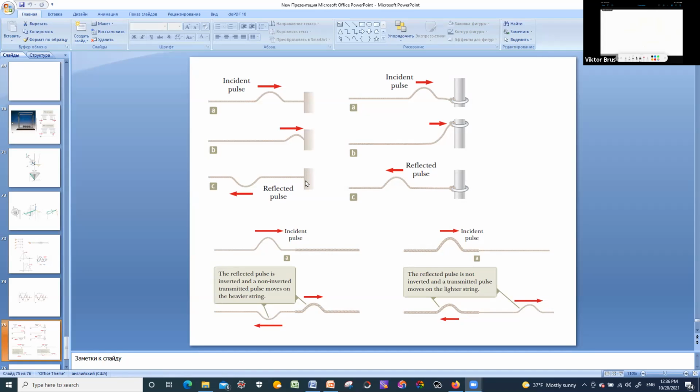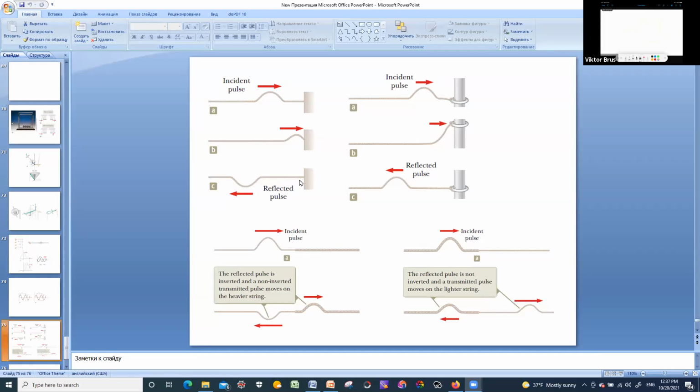And that results in a reflected pulse. However, in this case, it will be flipped over. So if we had, let's say, some positive amplitude, then we have negative displacement of these elements of the string.